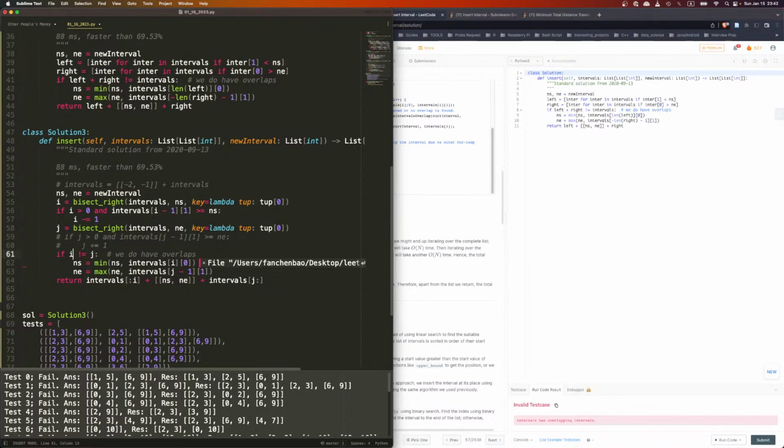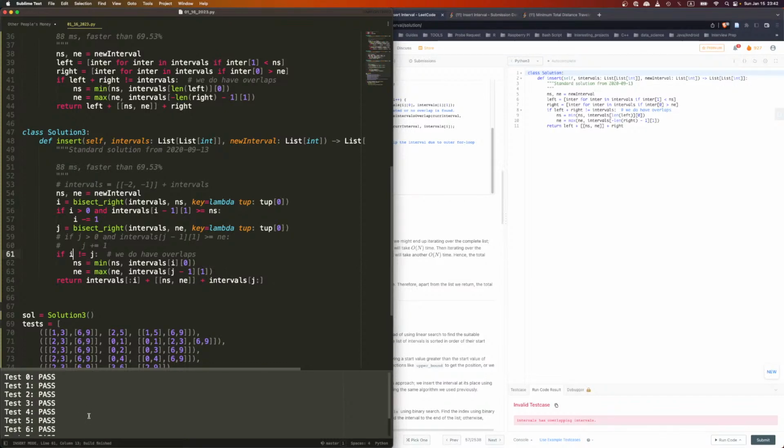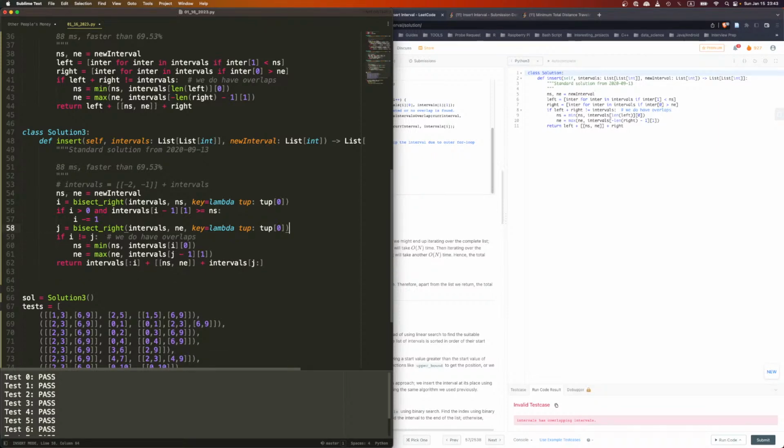If I is the first overlapping position, then this is I, the first overlapping position. That's right. So this is the overlapping position. And j is definitely not the overlapping position. So this is I, so the new interval I is the overlapping interval.